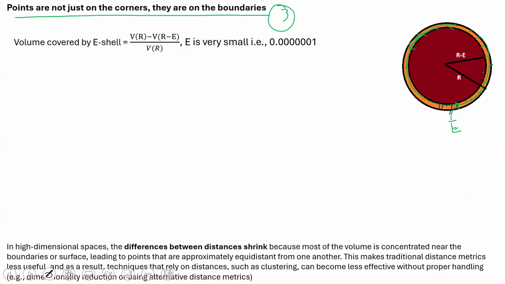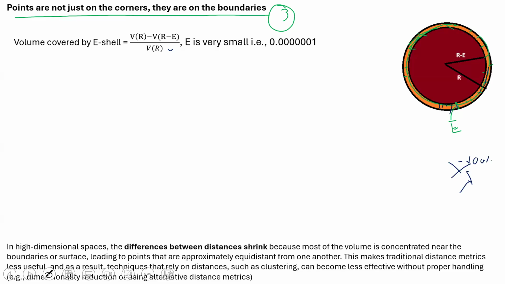This particular line is what we are interested in. So for that, what we have done is the volume of the outer circle minus the volume of the inner circle, divided by the volume of the outer circle. Because we know, right? We have already done this. If the whole circle has 100% of volume, what is the volume of this particular area? So that becomes 100 by V of R. I already have shown you before.